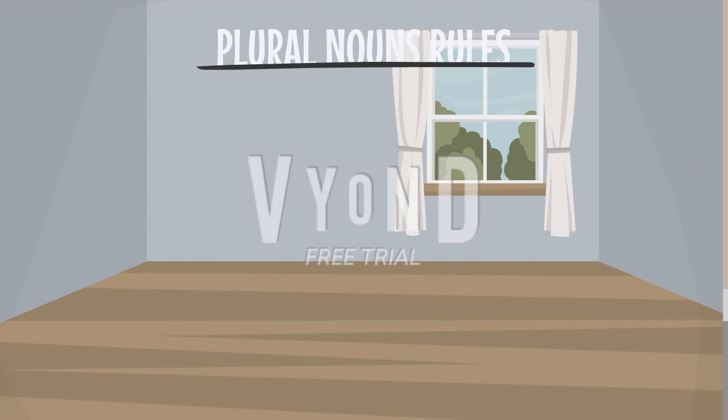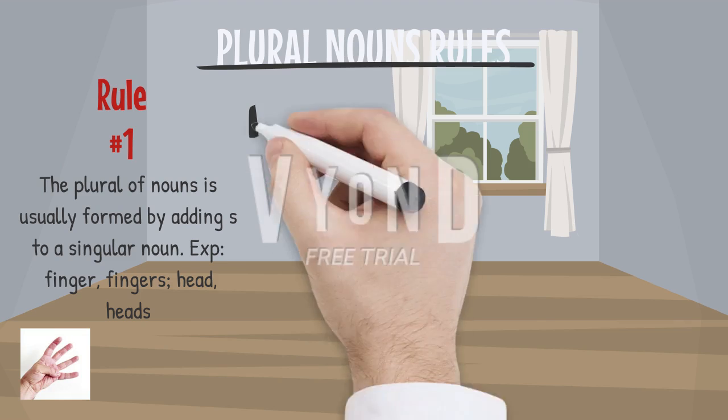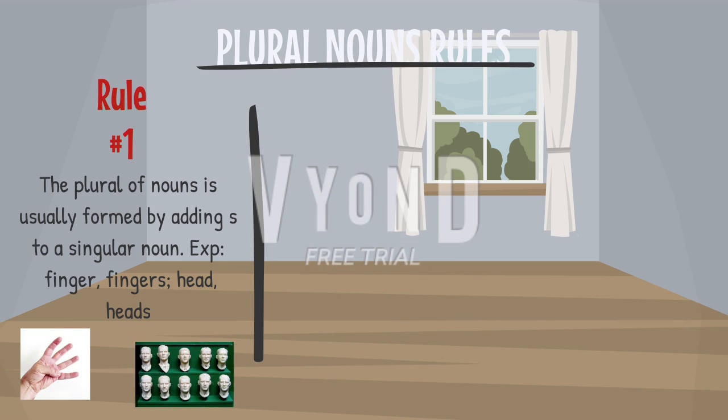To be able to guide us correctly, we will describe below the plural noun rules. Rule number 1. The plural of nouns is usually formed by adding s to a singular noun. For example, arm, arms, finger, fingers, head, heads, neck, necks. Rule number 2.